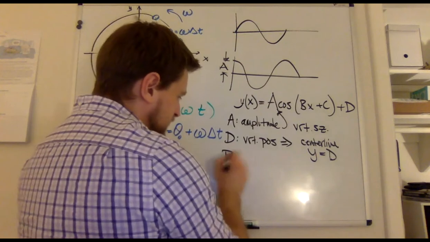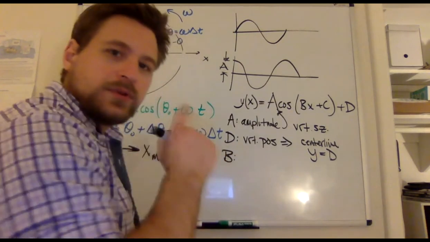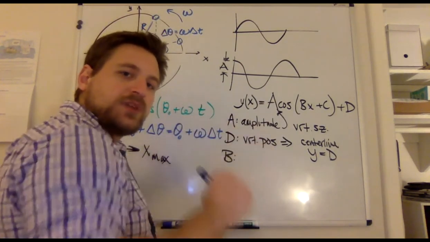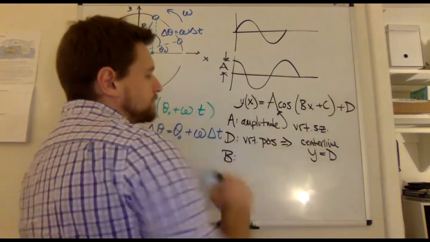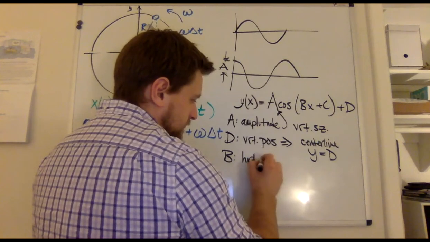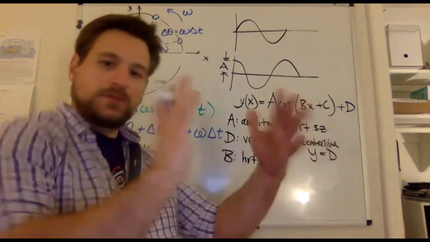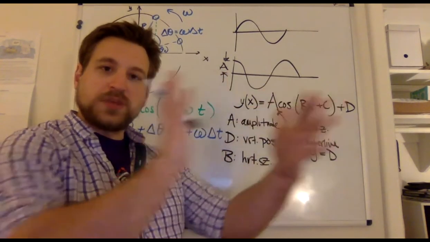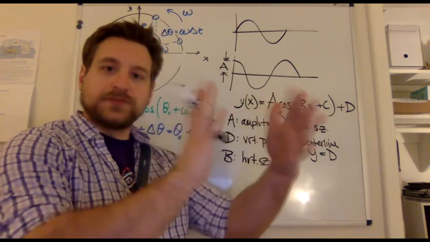Parameter b, this came up when we were trying to graph trig functions by hand from the function. It handles the horizontal size, the horizontal space that we need in order to make one full cycle.